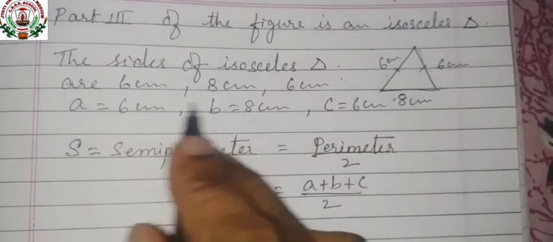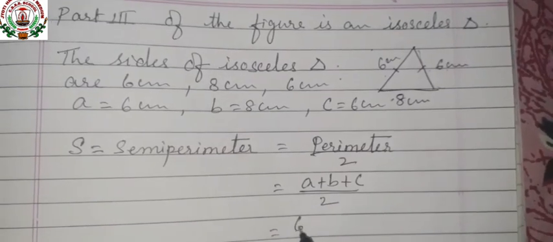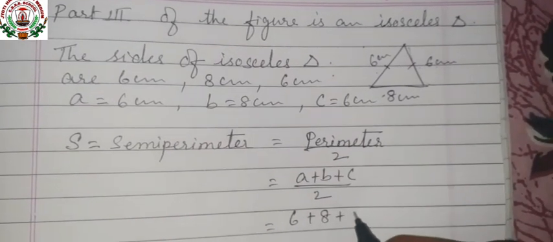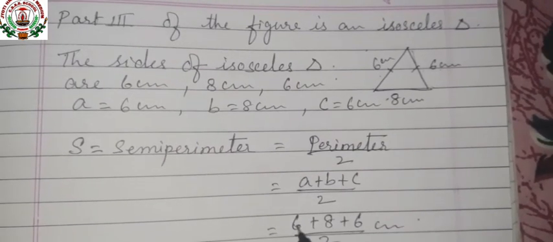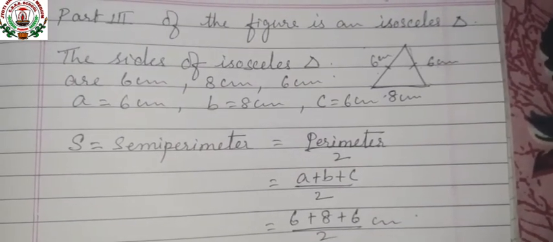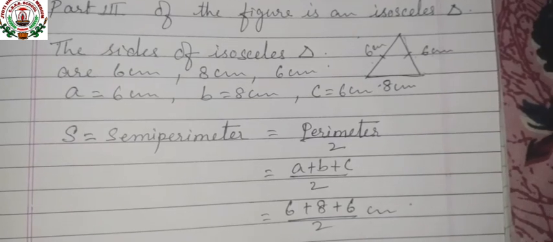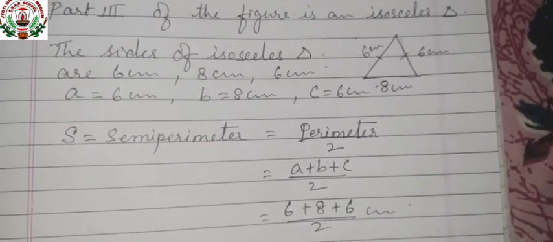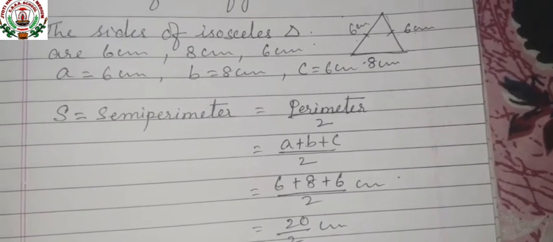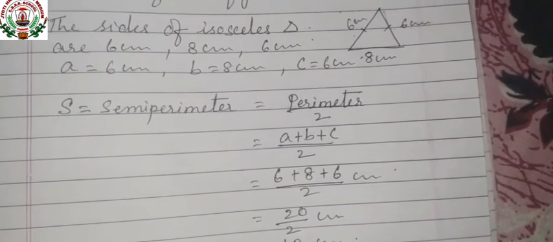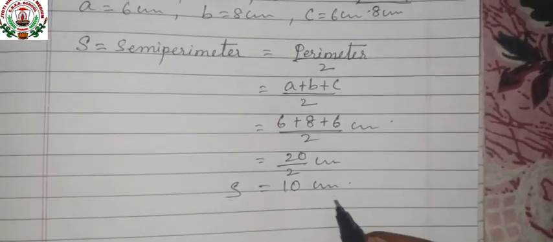Now put the values of A, B and C. That is 6 plus 8 plus 6 upon 2 centimeter. So 6 plus 8 plus 6 will be 20 upon 2 centimeter, which equals 10 centimeter. Okay, so now S is how much? S equals 10 centimeter.